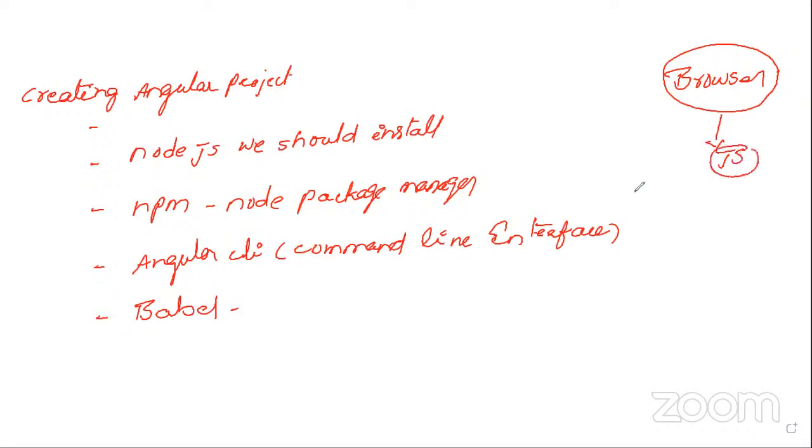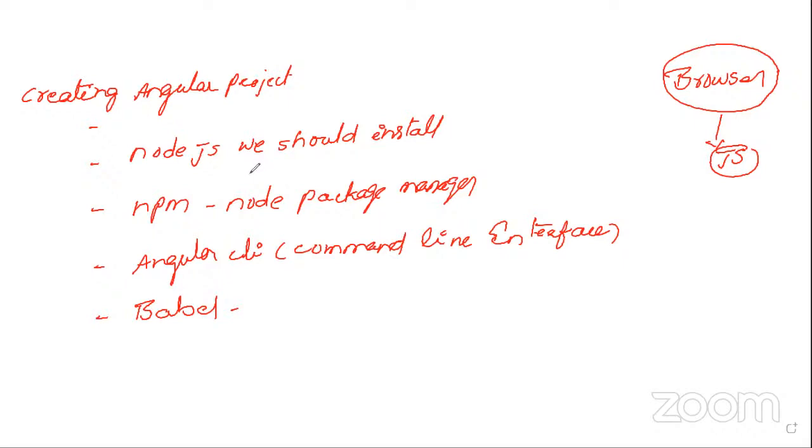But while creating an Angular project, we are going to write TypeScript code. TypeScript is similar to JavaScript, but it has a slightly different syntax. I'll explain when I'm creating an Angular project. TypeScript is a strictly typed language.